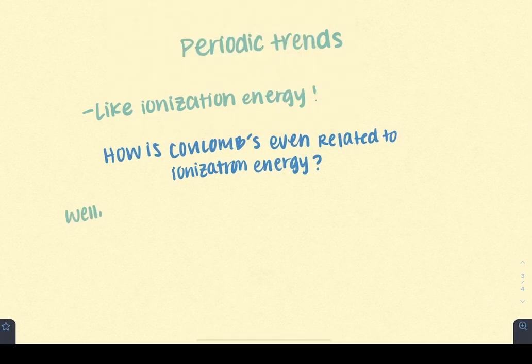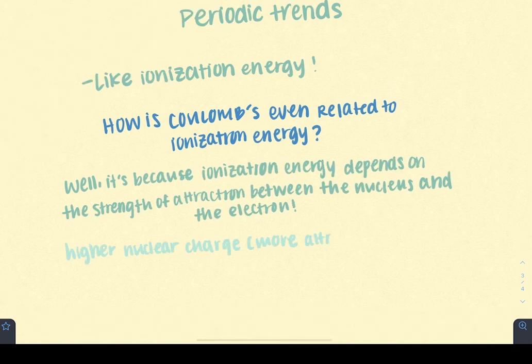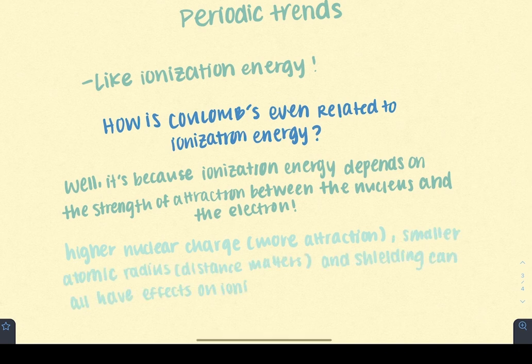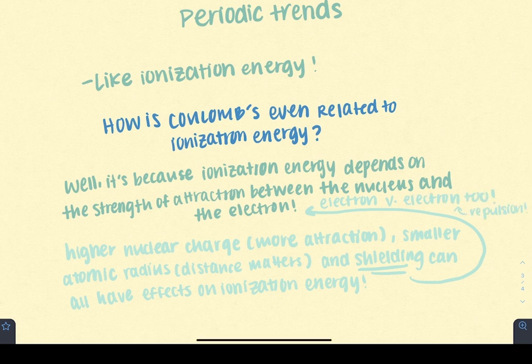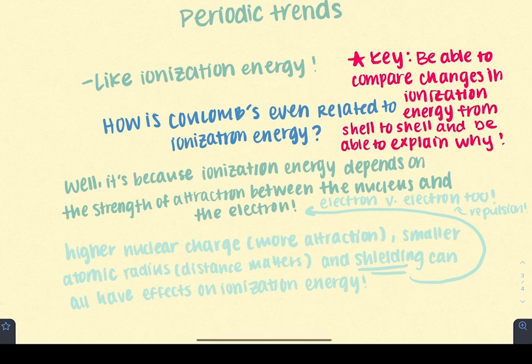Well, it's because ionization energy depends on the strength of attraction between the nucleus and the electron. And so the higher nuclear charge, the atomic radius, the smaller it is, and shielding can all have effects on ionization energy. And so the big key takeaway is to be able to compare changes in ionization energy from shell to shell and be able to explain why.